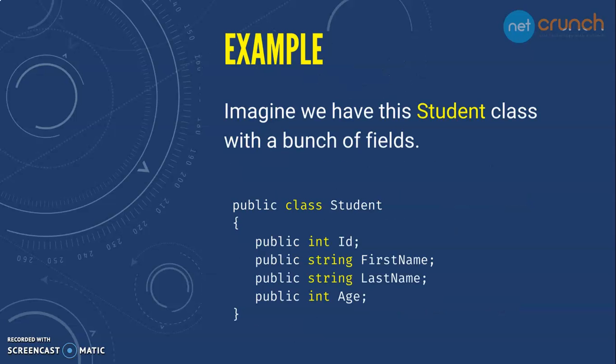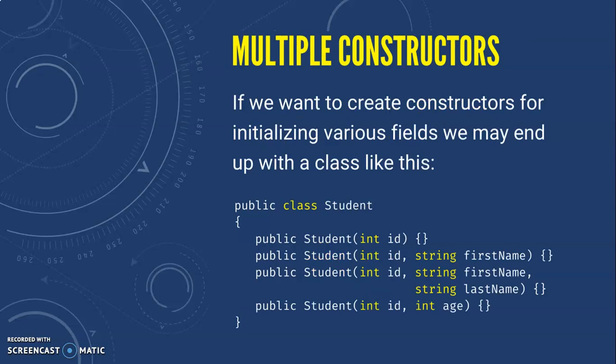Here I have included one example of a student class, wherein we have an ID, first name, last name, and age. So these are the properties of the student class. Over here, if we want to achieve something like initializing various fields, we will end up creating multiple parameterized constructors.